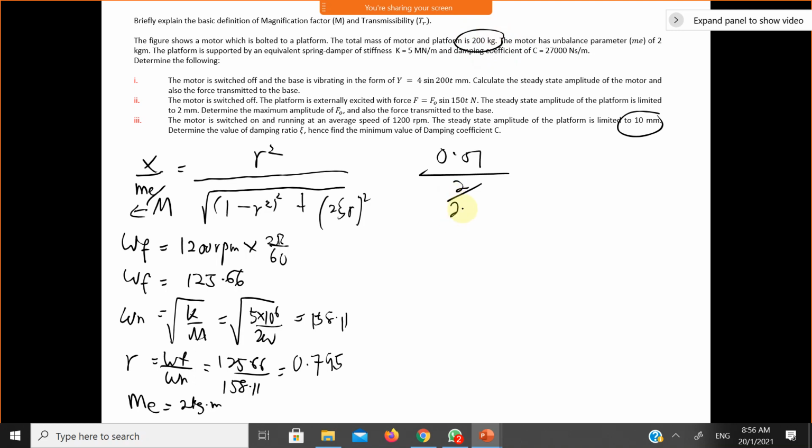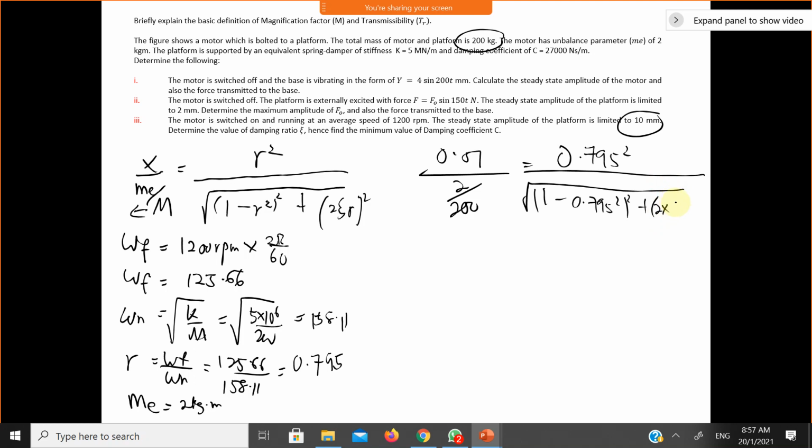So 200 equals 7 point R. R square is 0.795 square over 1 minus 0.795 square plus 2 zeta.